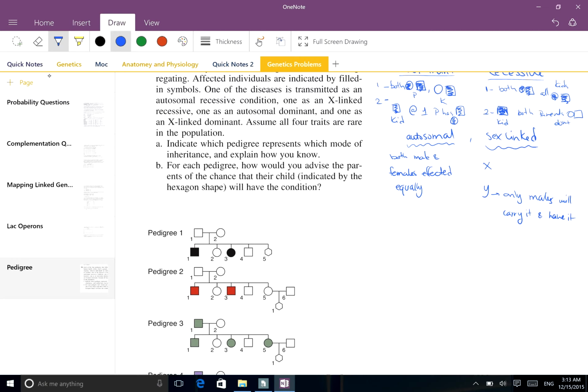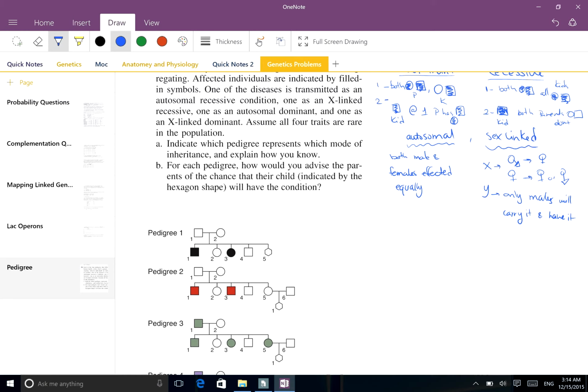When it's X-linked, the father will only give it to his daughter, and the mother can give it to either her daughter, making her daughter a carrier unless the father also has it, or her son.